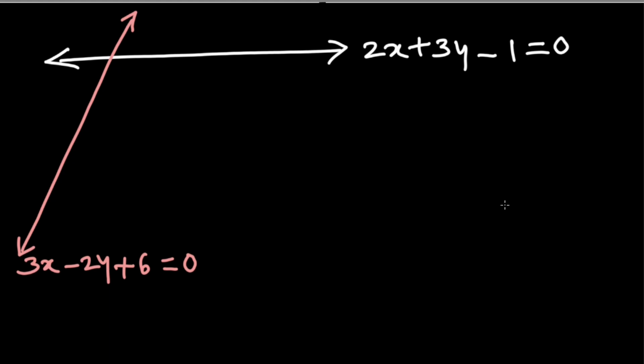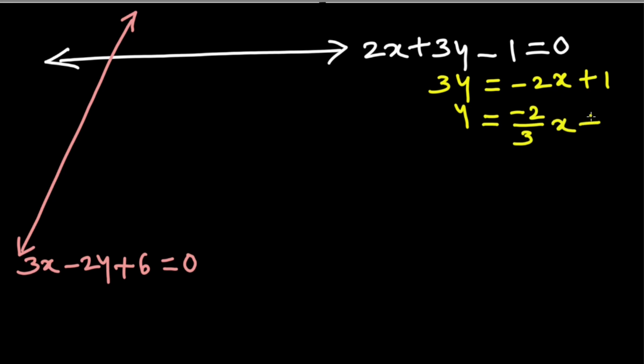So let us find the slope of 2x plus 3y minus 1 equals 0. It will be 3y equals minus 2x plus 1, which will be y equals minus 2 by 3 x plus 1 by 3. Here minus 2 by 3 is the slope of this line, which we name m1.